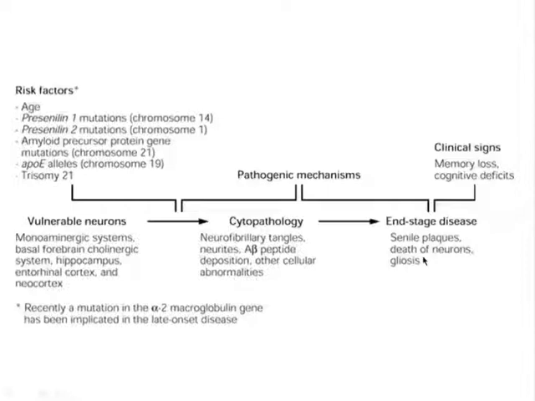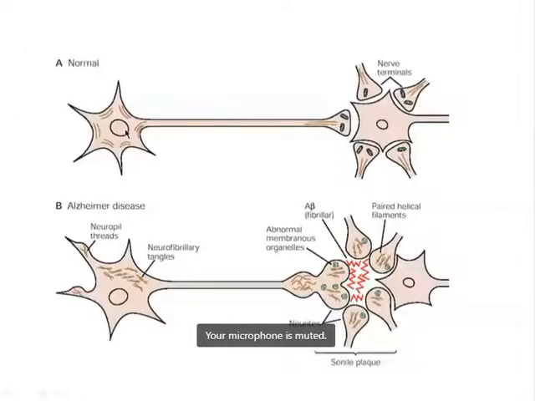Now look at this. This is the normal one: one neuron, another neuron, other neuronal dendrites. In Alzheimer's disease, neuropil threads are there, and that is called the neurofibrillary tangles.